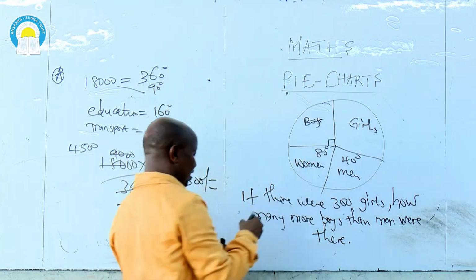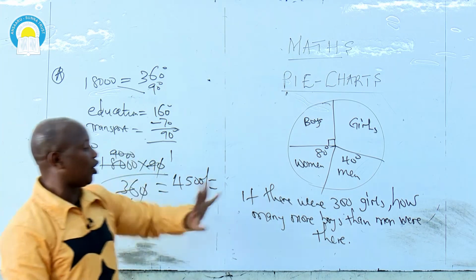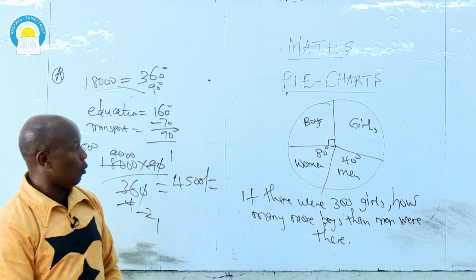This pie chart is representing the number of people in a certain village. You are told the total number of girls was 300, then how many more boys than men were there?